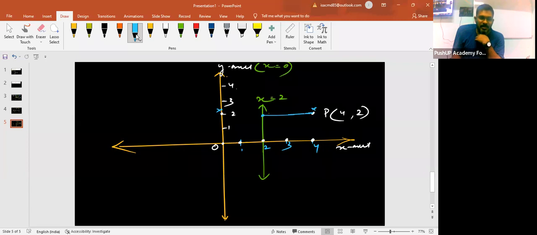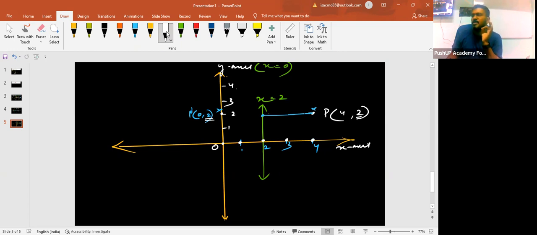What was the answer which you gave me? P dash 0, comma 2. Was there any change in the y coordinate? There was no change in the y coordinate because you started with 4, comma 2. You ended at 0, comma 2. The only change happened in the x coordinate, isn't it?